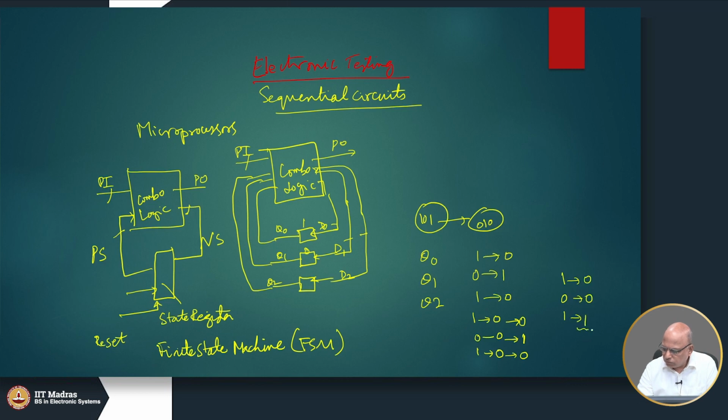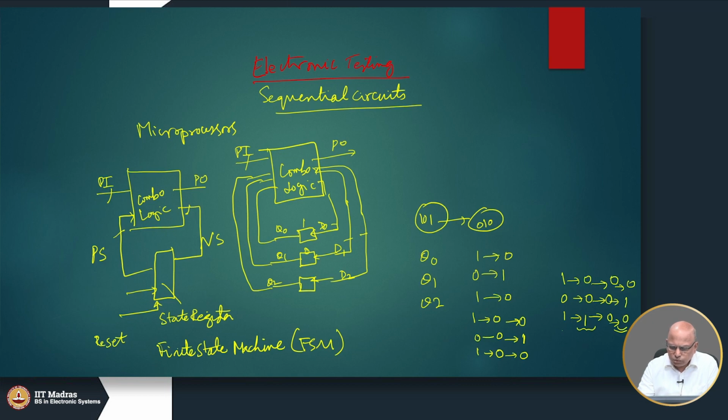So, briefly the state 001 will appear, then maybe this one changes to 0. Finally it has made the change. So, the state 000 will appear, and finally this changes to 1 and the correct state appears, 010. So, there may be a number of intermediate states that can come up.